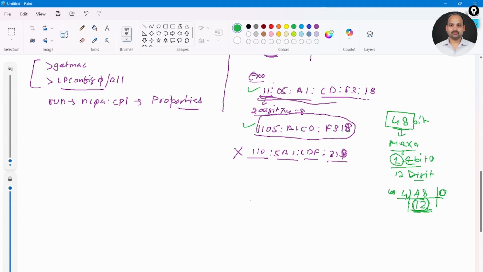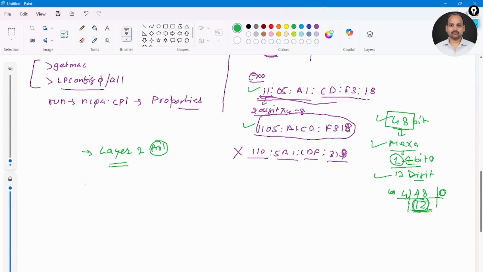So 12 digits maximum you can use. You have to remember these things whenever you go for an interview, for troubleshooting, or for the examination. So how does the MAC work? The key points: your MAC address is defined in 48 bits, it uses hexadecimal, you can use a maximum of 12 digits, and it's a layer 2 protocol, working on layer 2.